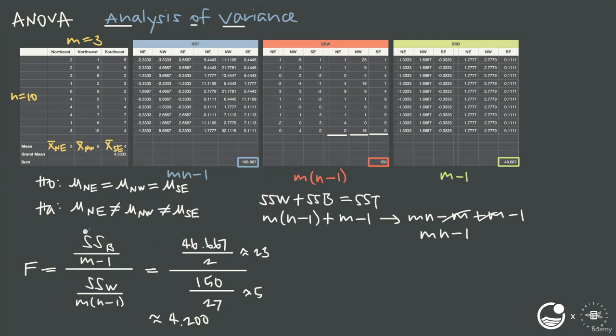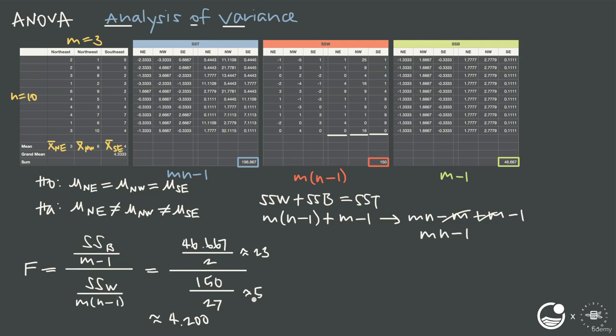Here we're dividing essentially the variation between groups by the variation within groups. So because 23 is significantly larger than 5, what this F statistic is telling us is that we can explain more of the variation as a difference between groups than within the groups themselves, or just noise in the data.